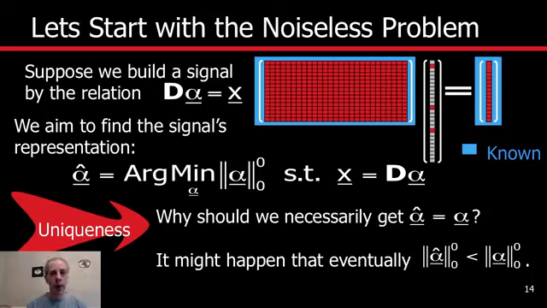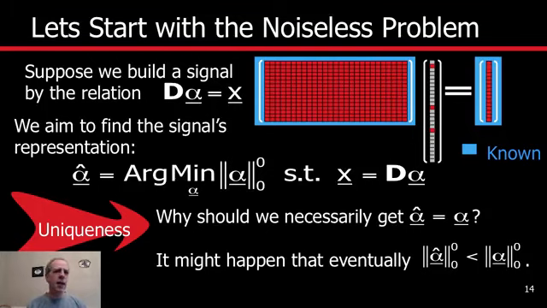What's the problem there? Once again, one of the columns is a combination of the others. So if you produce a signal that has such a combination, then you might be able to get it back with actually fewer coefficients. So these two questions depend a lot on a number of things: the dictionary, meaning its size, k, and also its general structure.